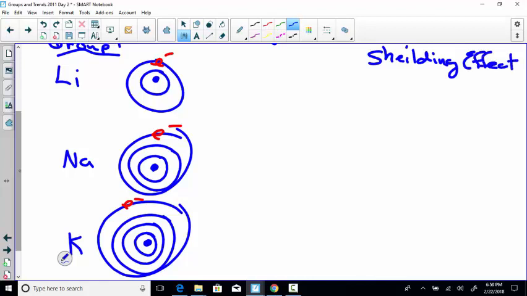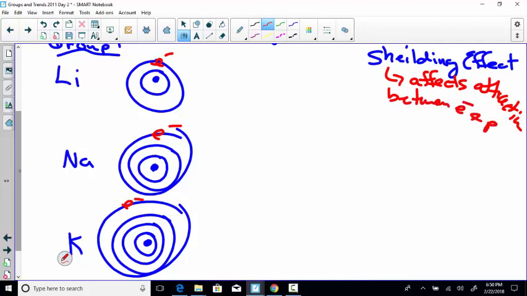Okay, in one of our previous lessons, we talked about the shielding effect. And if you start looking at this, the shielding effect essentially affects attraction between electrons and protons.